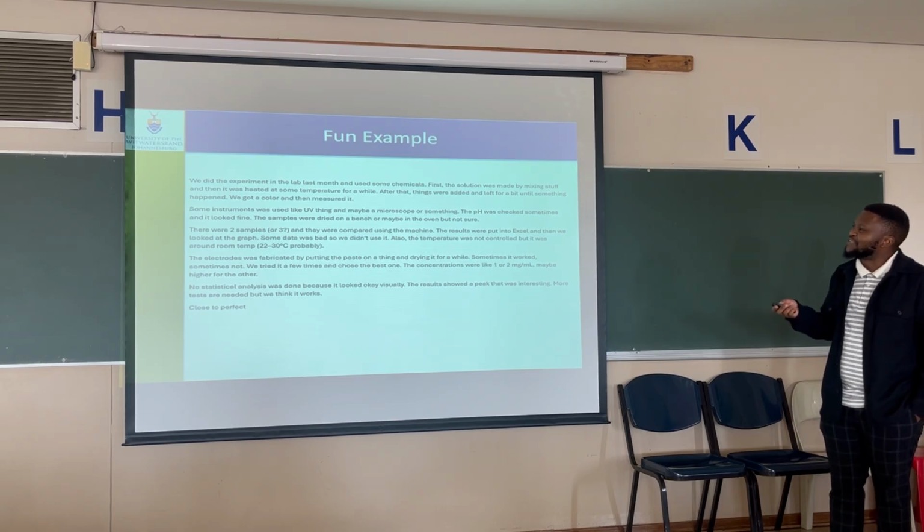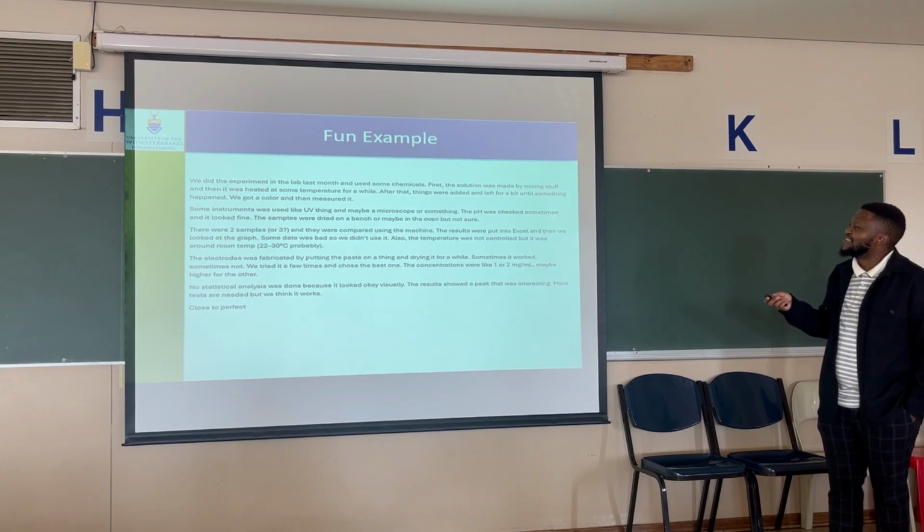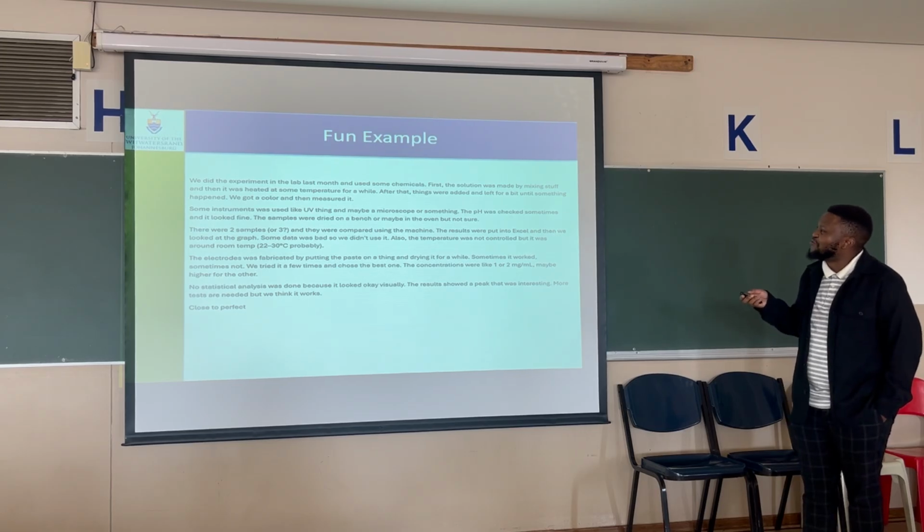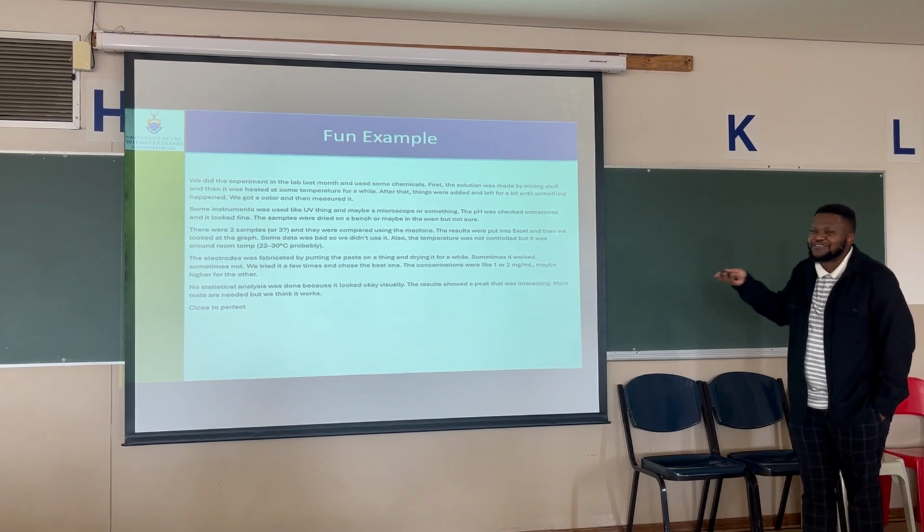So this person was like, we did the experiment in the lab last month and used some chemicals. First, the solution was made by mixing stuff, and then it was heated at some temperature for a while. After that, things were added and left for a bit until something happened. We got a color and then measured it. Some instrument was used, like a UV thing and maybe a microscope or something.